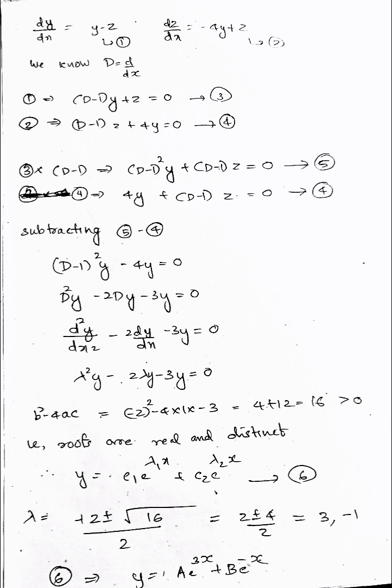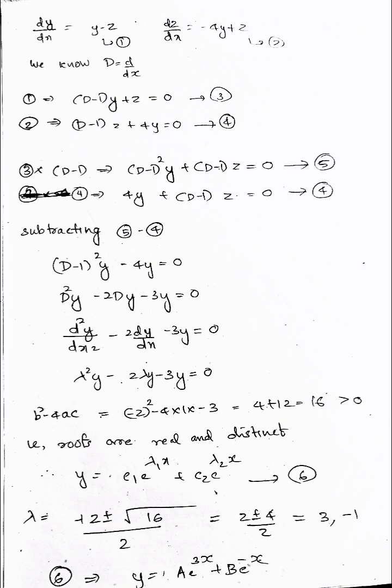That is the solution y is equal to c1 e raised to lambda 1 x plus c2 e raised to lambda 2 x. This is equation number 6. So here lambda is equal to 2 plus or minus root 16 by 2, that is equal to 2 plus or minus 4 by 2. This is equal to 3 and minus 1. That is 6 implies y is equal to a e raised to 3x plus b e raised to minus x.